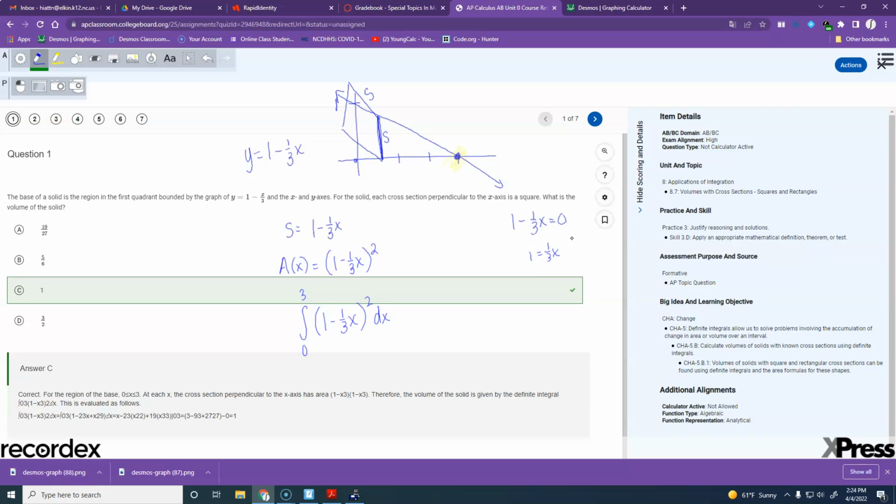You can multiply both sides by 3, and you'll just get 3 for your x to find out where that x-intercept is. Right, so right here we could write it like this, 1 minus 1/3 x minus the bottom equation. Since this is in the first quadrant, it's just 0 there, so it just ends up being 1 minus 1/3 x.